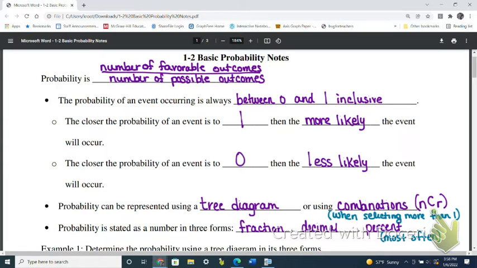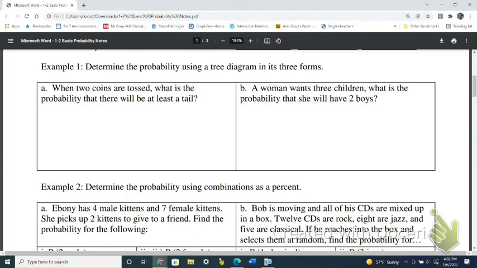So let's take a look at example 1. It says determine the probability using a tree diagram in its 3 forms. That means I want it written as a fraction, a decimal, and a percent. So when 2 coins are tossed, what is the probability there will be at least 1 tail?